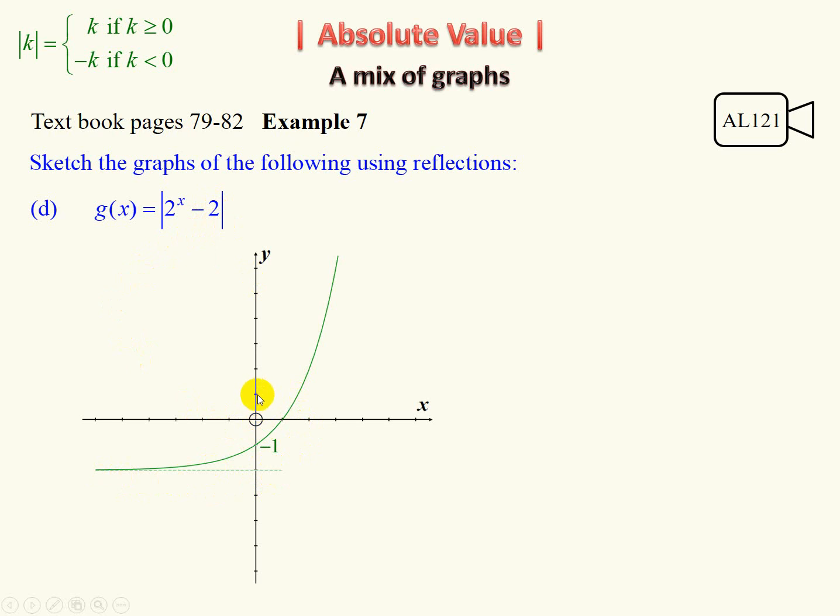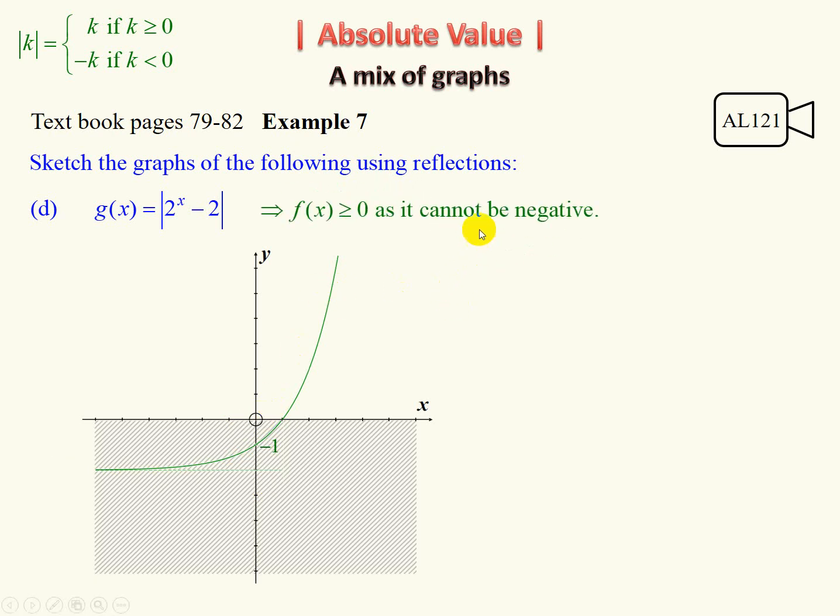So instead of going through plus 1 as all the exponential graphs y equals a to the x go, it's going through minus 1. Its asymptote now is y equals minus 2 instead of the x-axis, which is y equals 0.